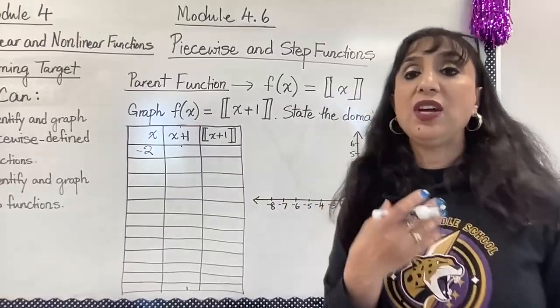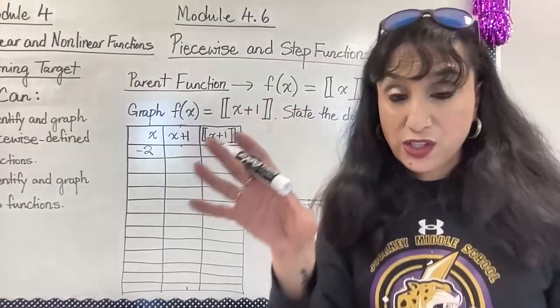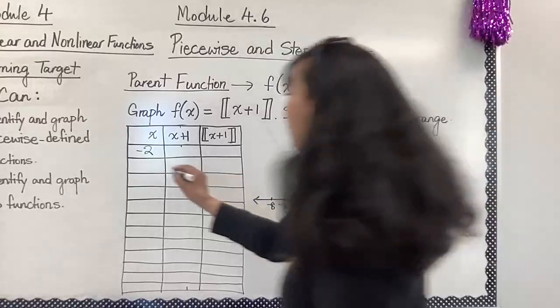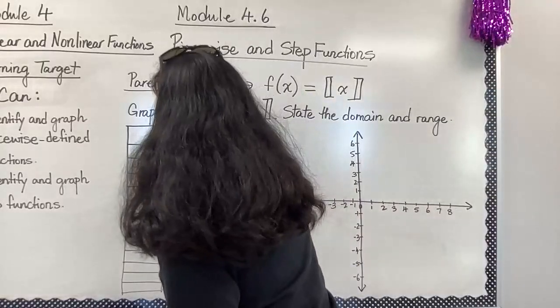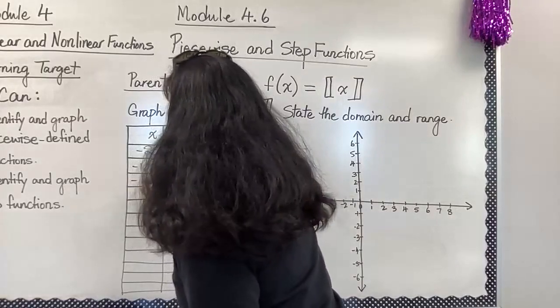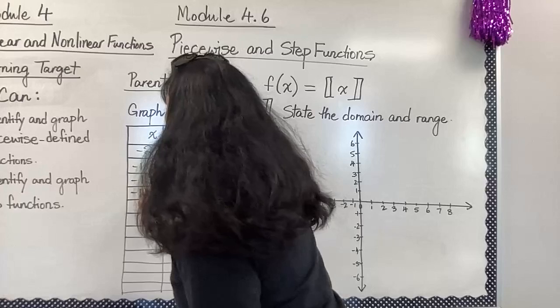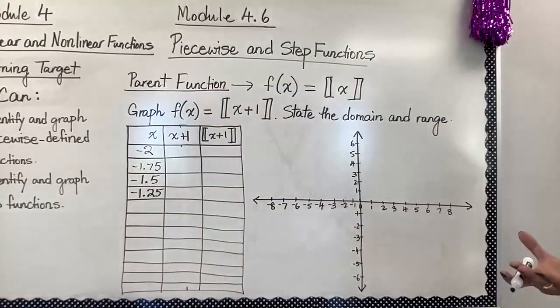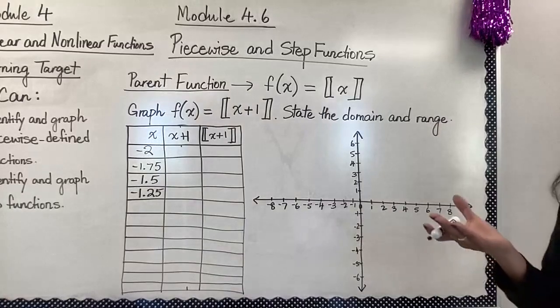But I am going to give myself some decimals also over here. So if I say -1 and 7500, I can say -1 and 5/10, -1 and 2500. So let me go ahead and give myself these values, okay?